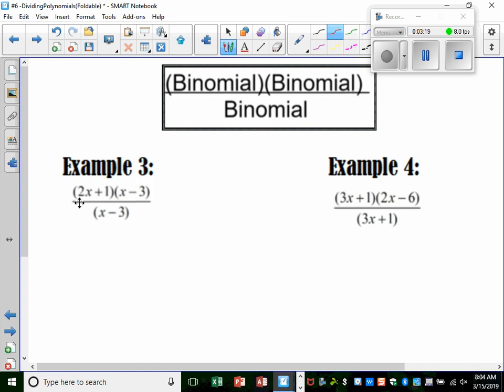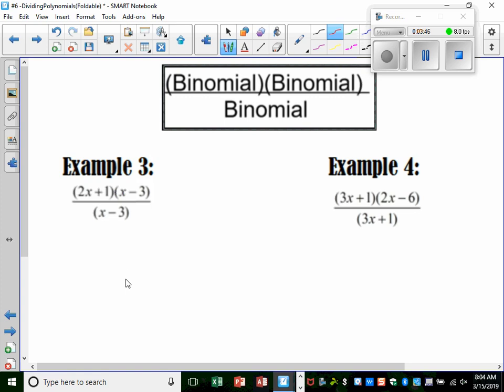All right, so let's move on to what if we have a binomial at the top. Basically, these have already been factored for you. In a few minutes, you're going to see some ones that have not been factored. So we have 2x plus 1 times x minus 3 divided by x minus 3. What's going to happen here is you're going to be crossing out like factors.